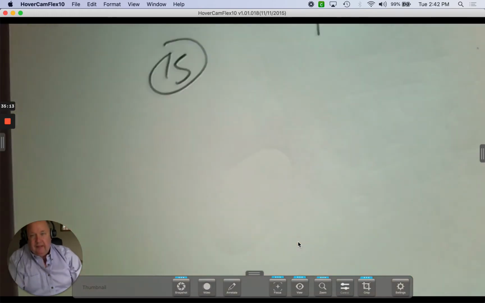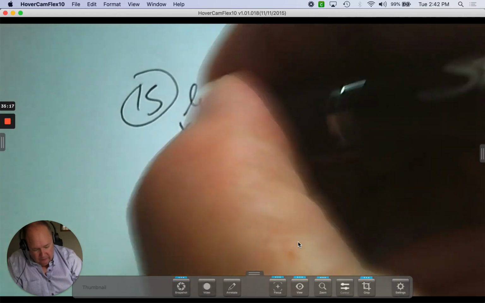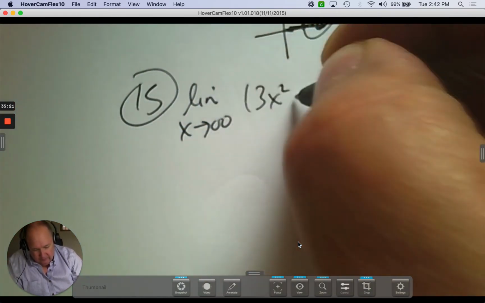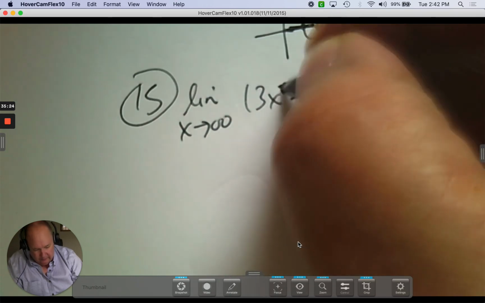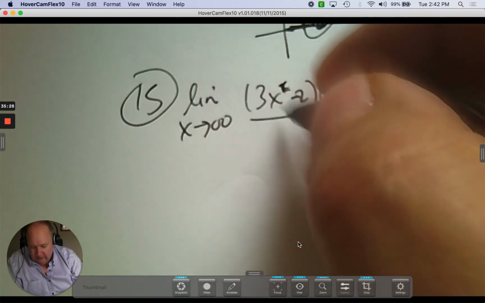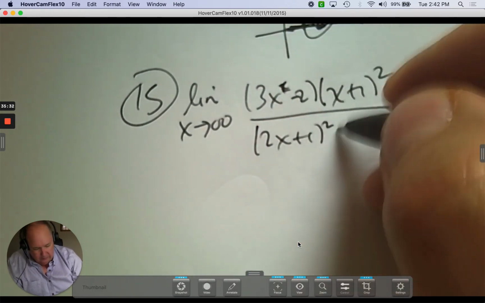Number 15, this is a question to do with right end behavior. So the limit as x approaches infinity. What's the power term on top? And on the bottom. So let me just write it out. Just be careful of the power term because you have exponents.